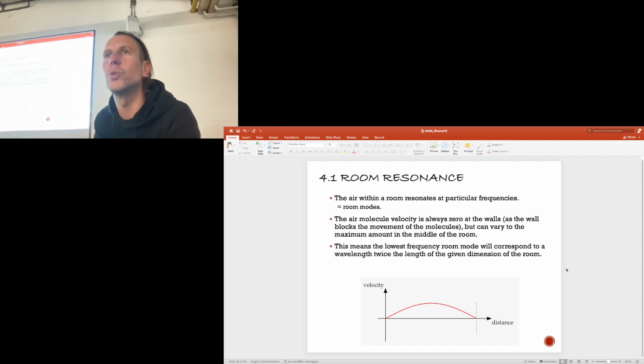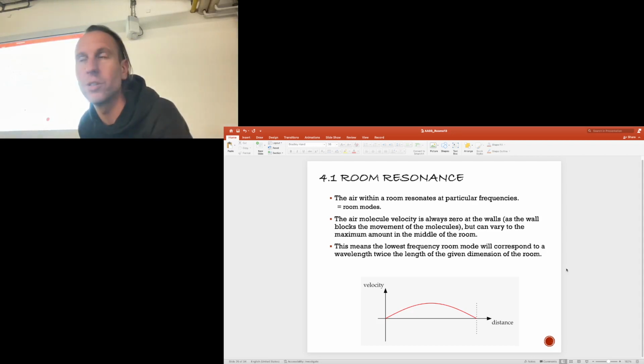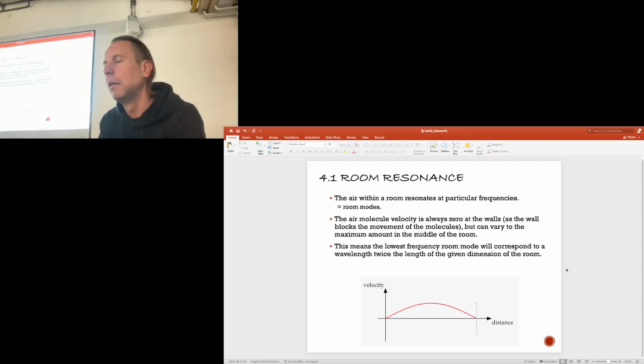And this is what we call Schroeder's frequency of a room. I won't go into much detail there. You will see in the practical I'm recommending this MROC room mode calculator, and it will spit out a Schroeder frequency as well. And this is typically something that relates to the size.